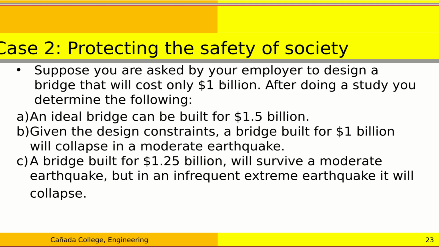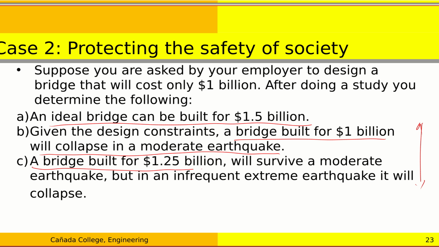This is about your employer asking you to build a bridge for $1 billion, and this is after you've done a study and you show that it actually takes 1.5 billion to build the right bridge, and for $1 billion you will only be able to build a bridge that cannot even survive a moderate earthquake.